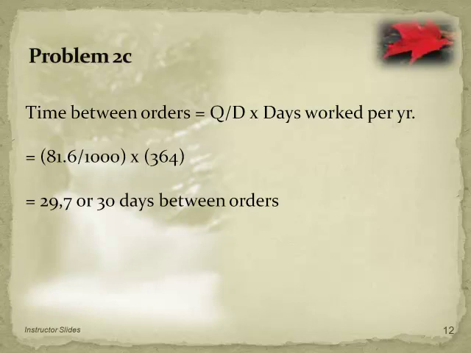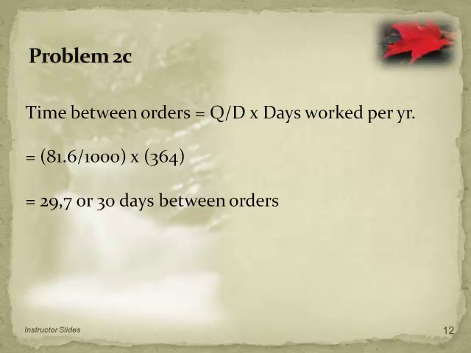Now, on the formula, when you multiply by the number of work days, there is a possibility that you might have a problem that states you work so many weeks per year. If that information is given, then multiply by the work weeks per year.